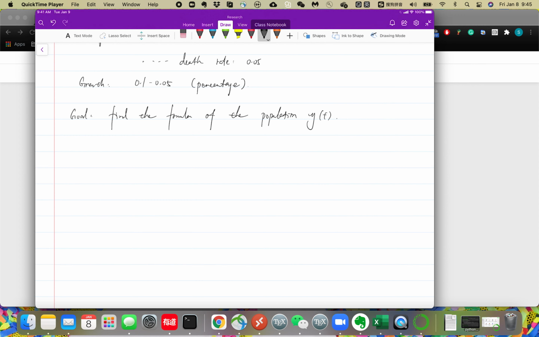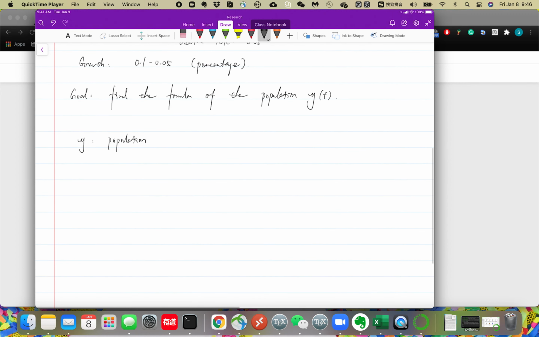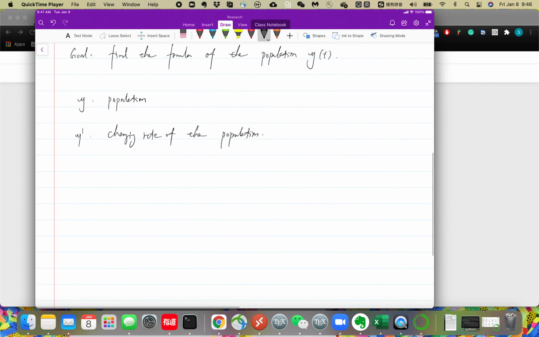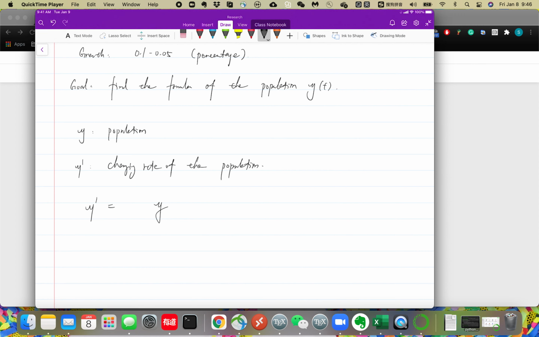Number 1, we do have y to be the population. Then y prime is going to be the growth or the decay, the changing rate of the population. Now you can see the changing rate of the population, which is growing, is proportional to the current population at a rate of the birth rate minus the death rate, which is 0.05.